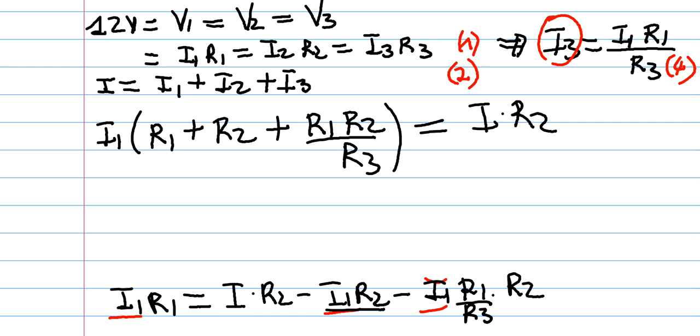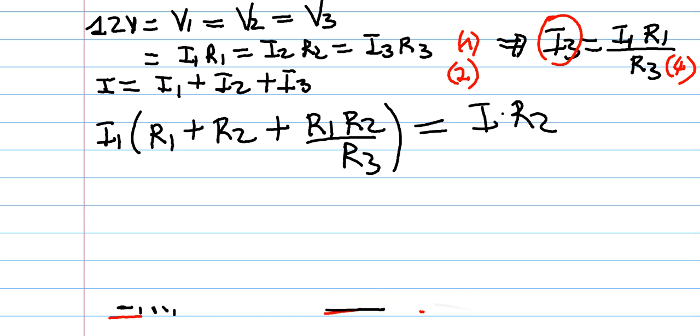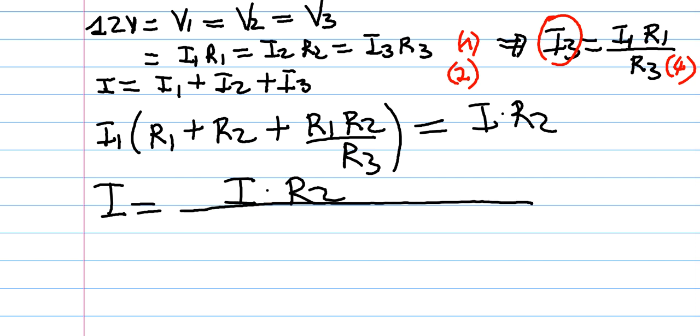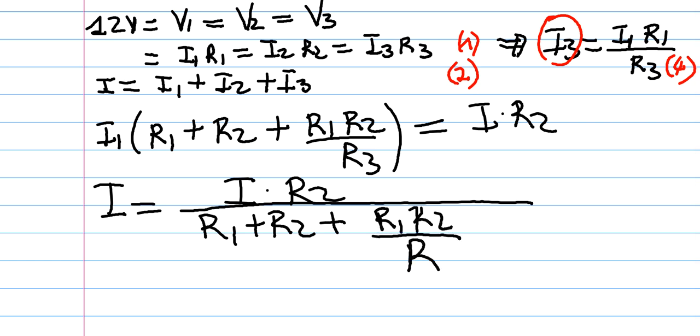Let me take the eraser and wipe this space. Now I1 alone should be equal to the main current I times R2, all divided by R1 plus R2 plus R1 R2 on R3.